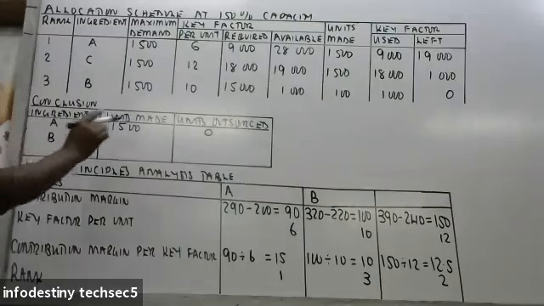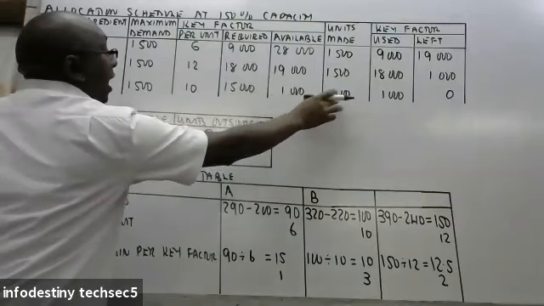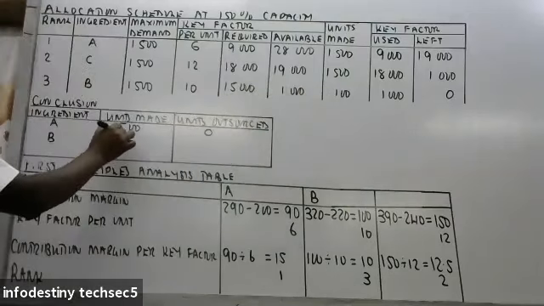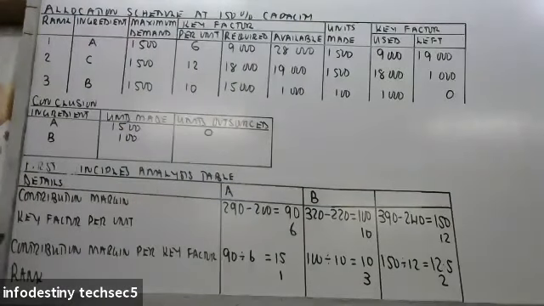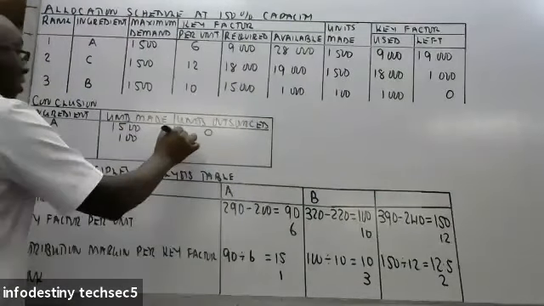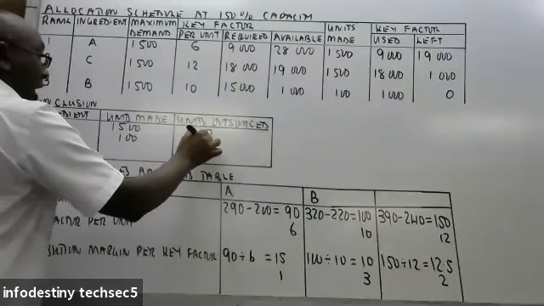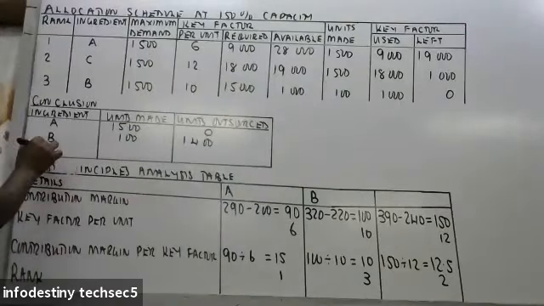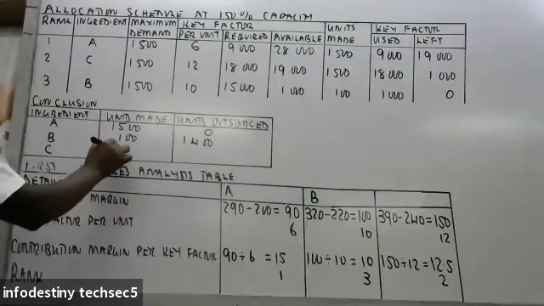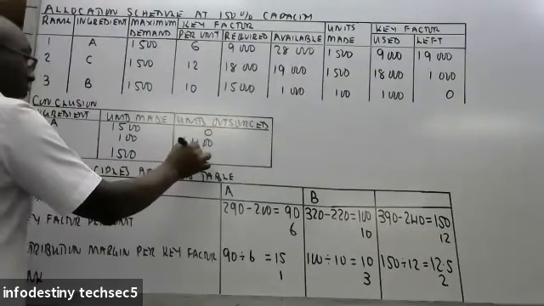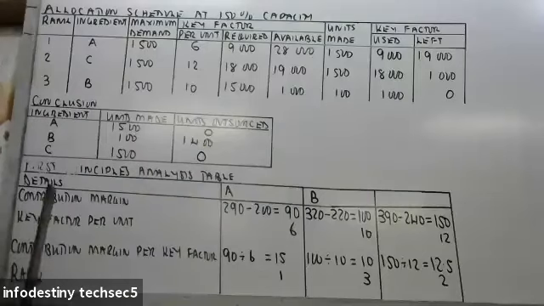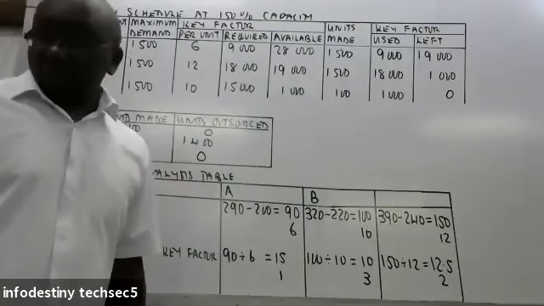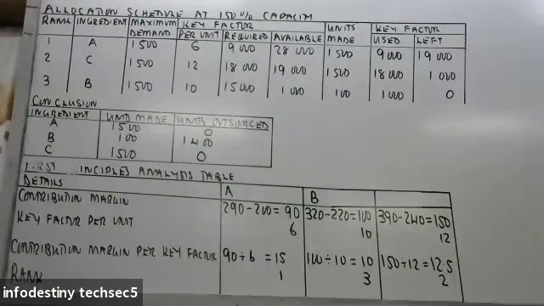For B, we are only able to make 100, and therefore we will outsource 1,400 because we require 1,500. For C, we are able to make all the 1,500, so you don't outsource. So here, we just outsource B.